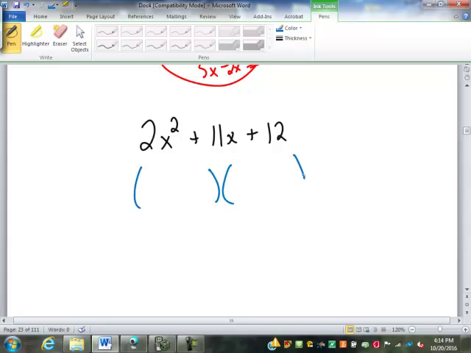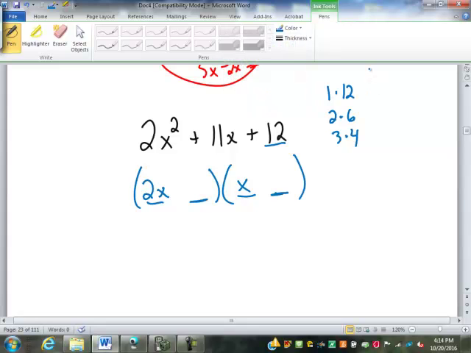So we're going to try to do FOIL in reverse. Well, this is now 2. These two have to multiply to make 2x squared. The only way that can happen is if this is 2x and x. 2x times x makes 2x squared. These two numbers still have to multiply to make 12. So it's either 1 times 12, 2 times 6, or 3 times 4.